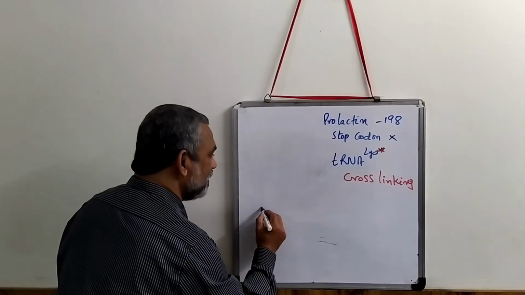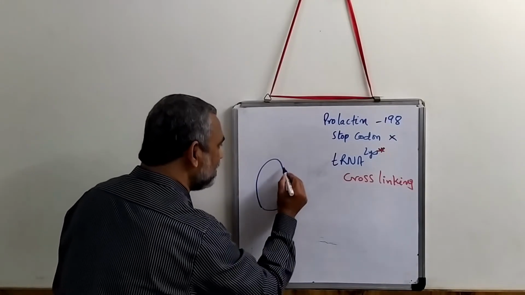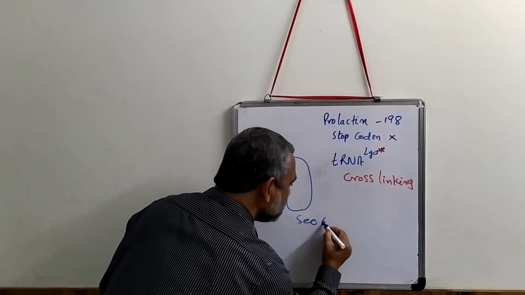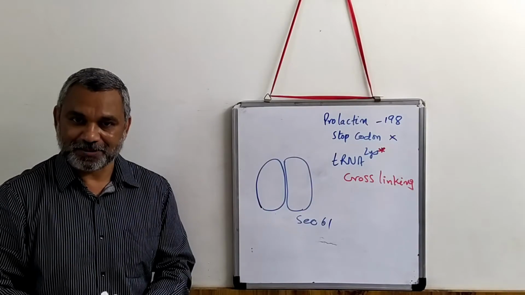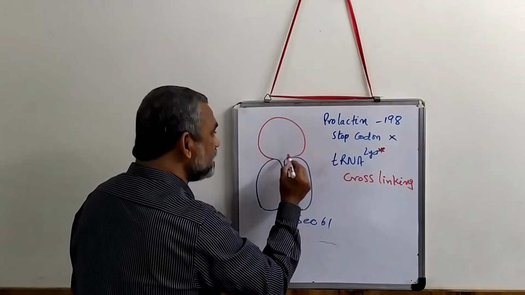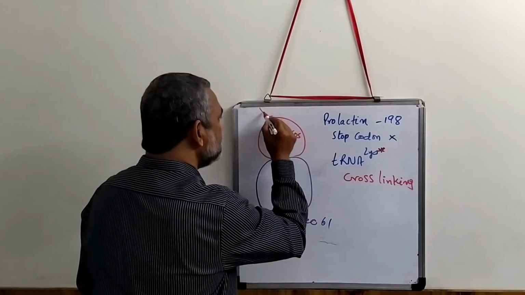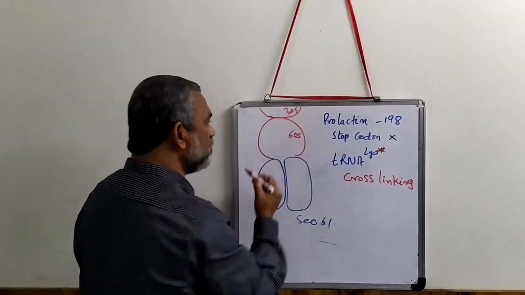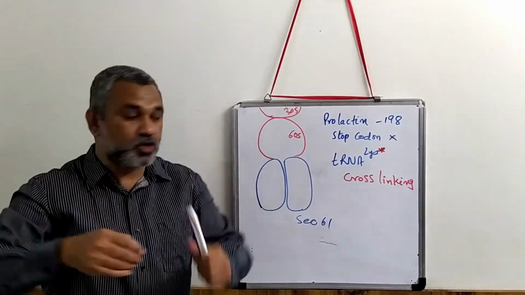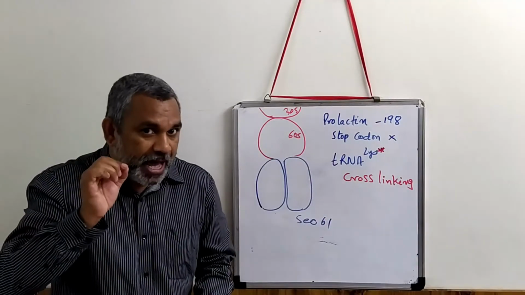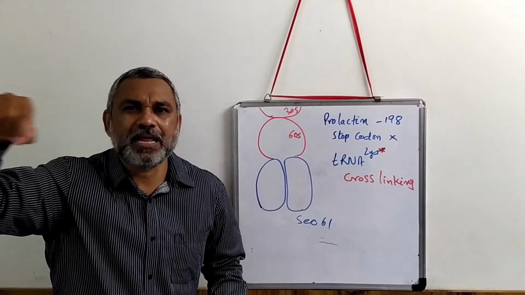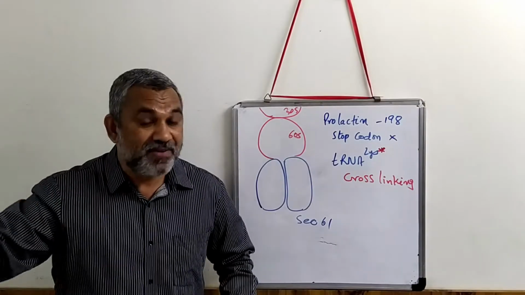Now let us see what has happened. Assume that this is our translocon, the Sec61 protein, forming a complex. What was observed is, this is the 60S ribosomal subunit and this is the 30S subunit. The 60S subunit comes and sits exactly on top of it, so that the protein which the 60S is making is not leaked into the cytoplasm or anywhere else.